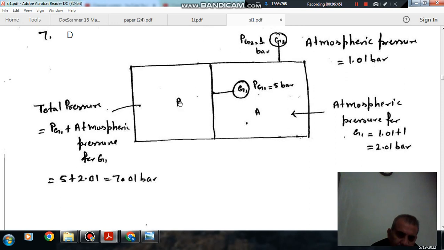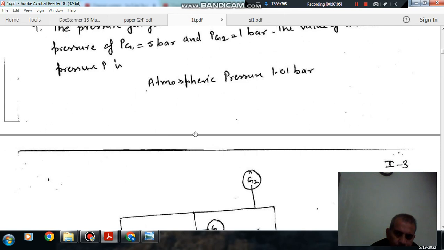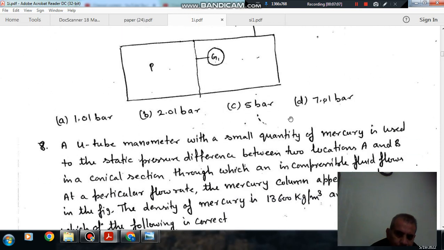The total pressure inside this tank is gauge pressure plus atmospheric pressure, that is 5 plus 2.01, so 7.01 bar. So the total pressure at P is 7.01 bar. So the answer is option D.